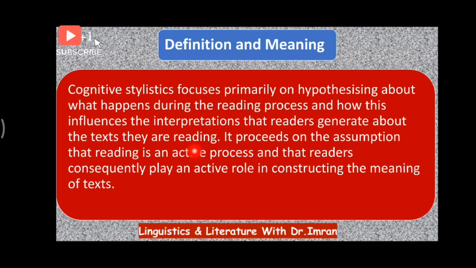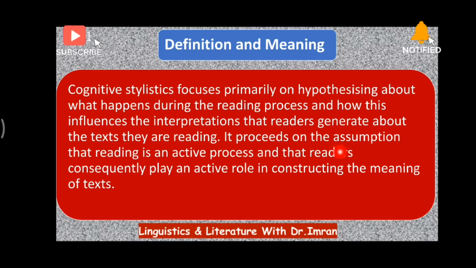So it tells that cognitive stylistics primarily focuses on what is going on during the reading process when you as a reader read a text, right? So how is your reading influenced by other forces like your background knowledge when you interpret the text, right? So how does this influence the interpretation the reader generates about the text they are reading.